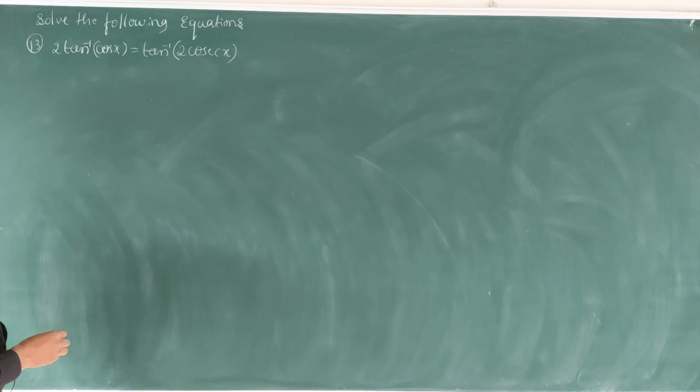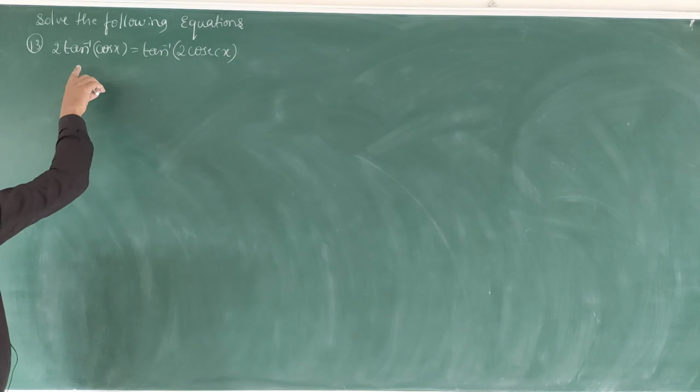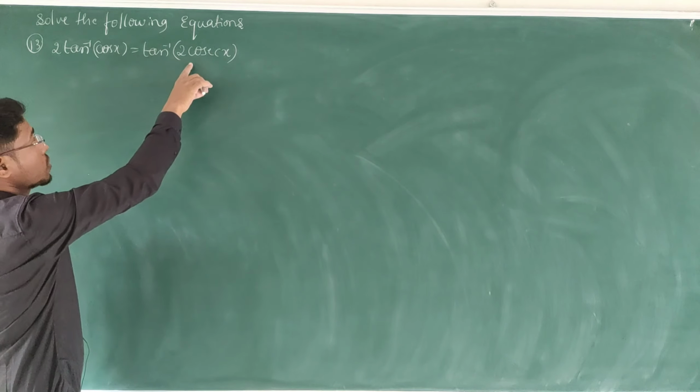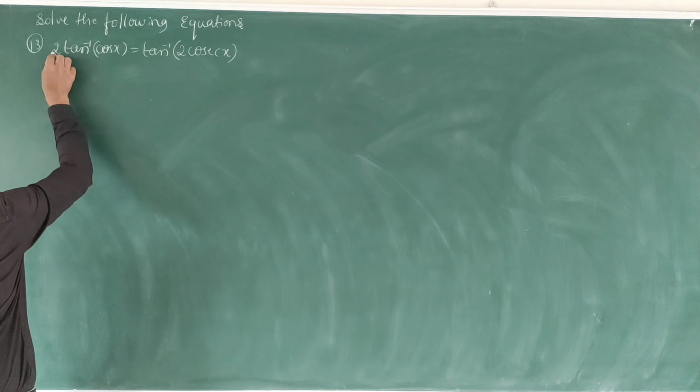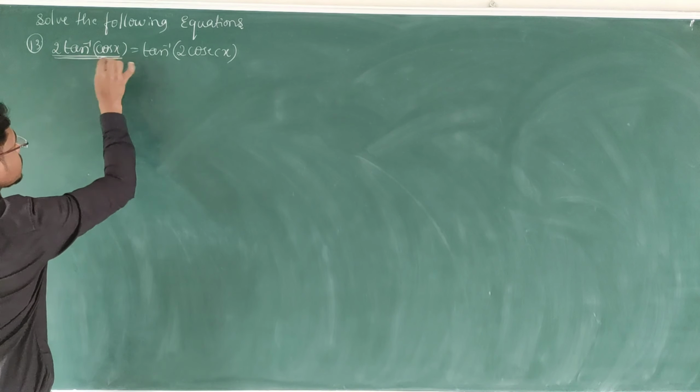Question number 13. Solve the following equation: 2 tan inverse of cos x is equal to tan inverse of 2 cosec x. So this is for 2 tan inverse x.